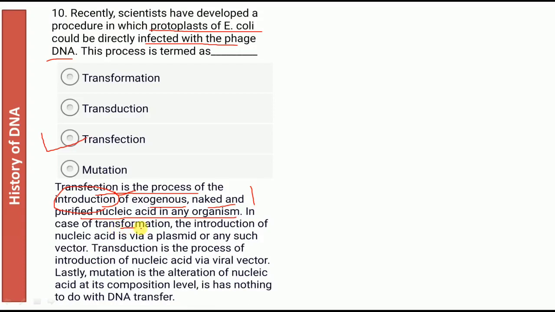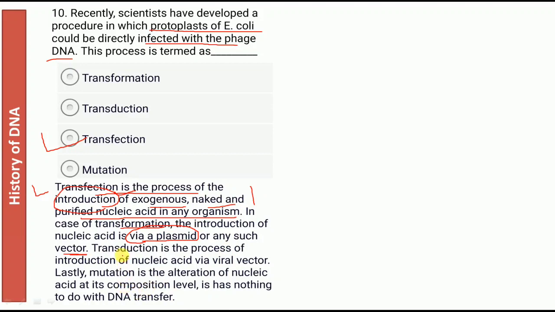In case of transformation, what happens? The introduction of nucleic acid is via plasmid or any such vector. Some vector is needed for the introduction of exogenous nucleic acid in case of transformation.